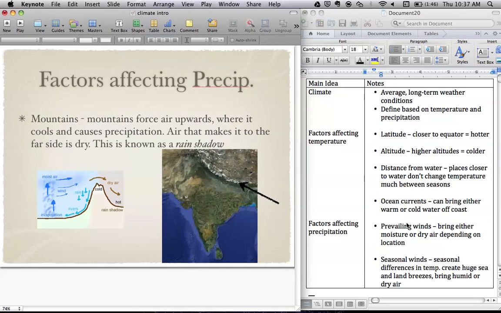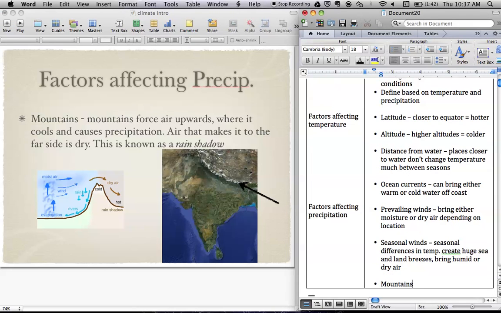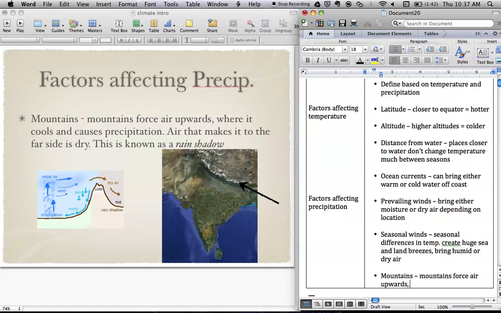And our last factor that's going to affect precipitation is mountains. All right, and you guys may have learned about the rain shadow effect in geography. Mountains force air upwards, where it cools and precipitation happens.